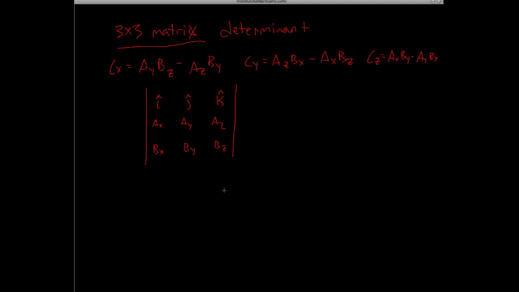And we're going to write out the determinant of this matrix. Now, finding a 3x3 determinant, just a little refresher: you start by copying the first two columns to the right side of the matrix, just like they're written.